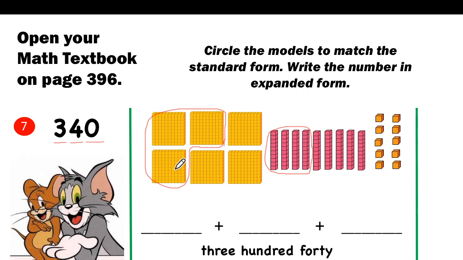None. So let's do the expanded form. How many hundreds did I circle? 3. You need to write the complete number. 300. How many tens did I circle? 4 tens. 4 tens equal 40, right? 40, 4 and 0. How many ones? None. 0. Or I don't have to write it. This is expanded form, and the word form is 340.